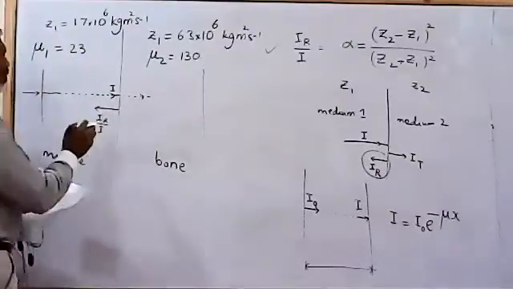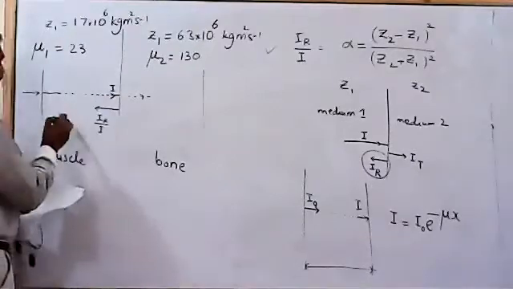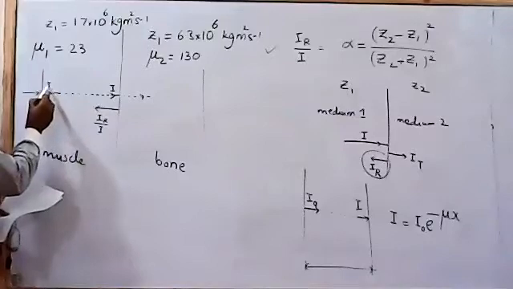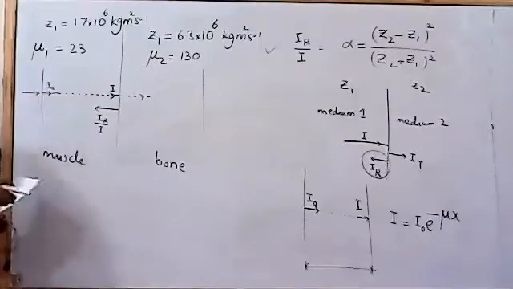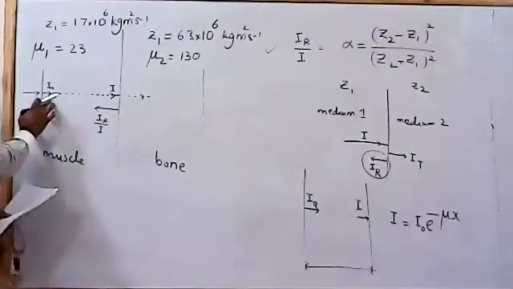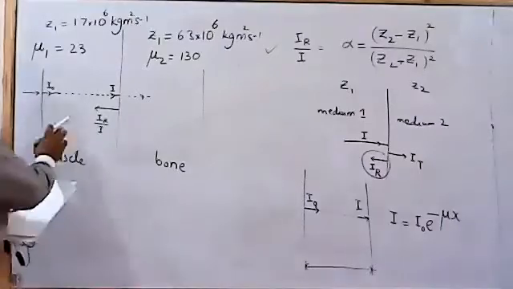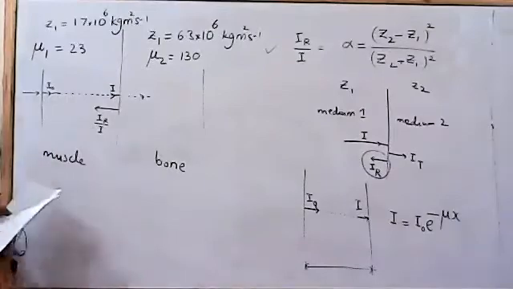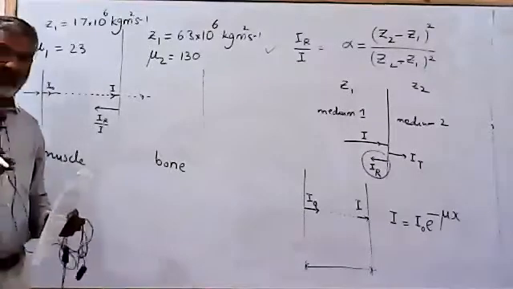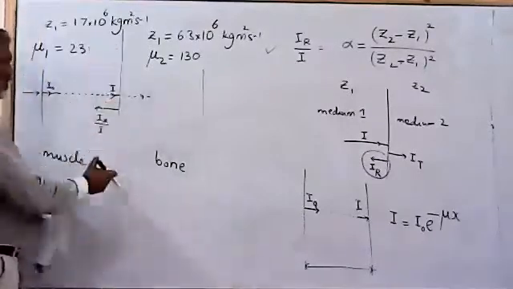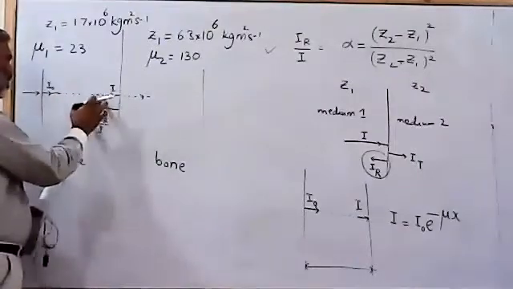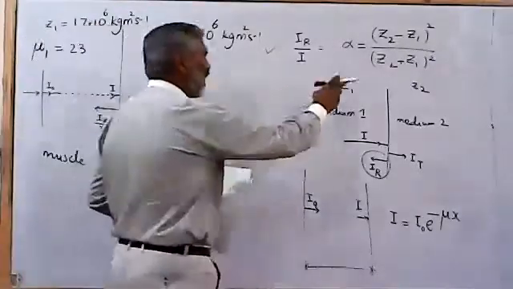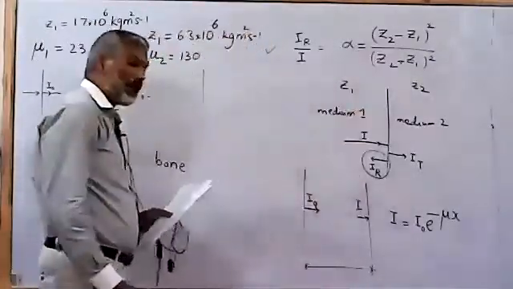Now I don't know what is arriving here because I don't know what was the original intensity that we started with here. But without these numbers known, we can calculate the fraction of the intensity that reflected at the boundary. Without knowing these numbers, it is possible. How? Because we know the values of the acoustic impedance.